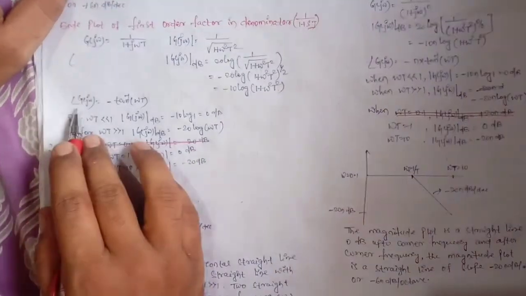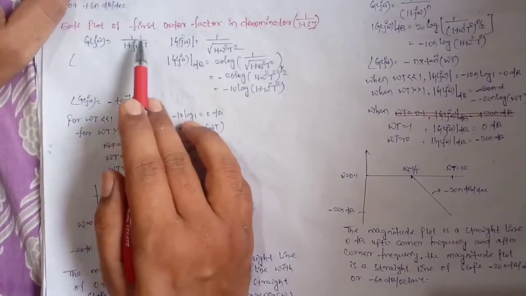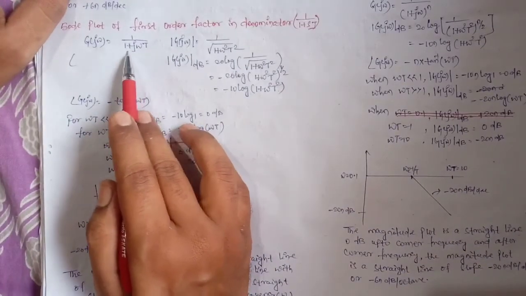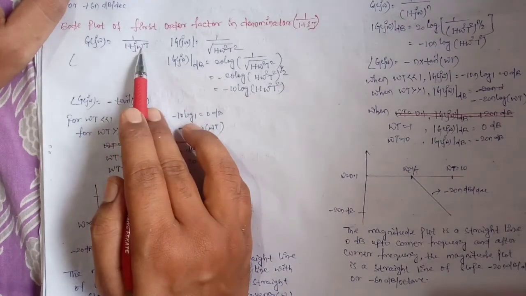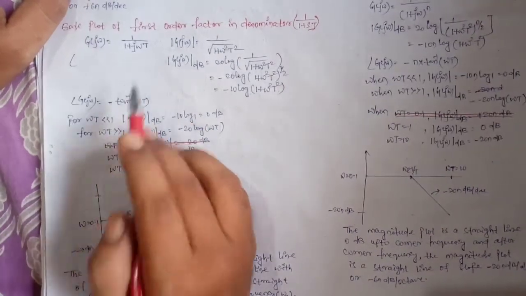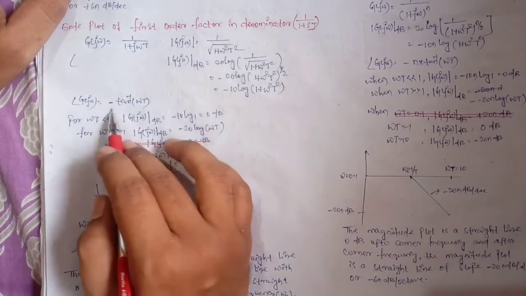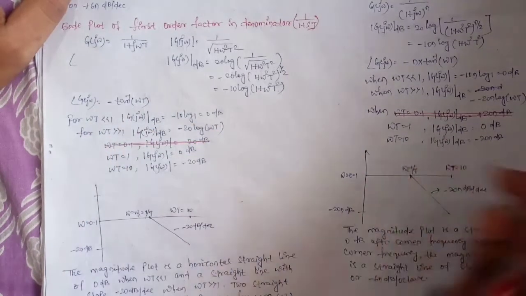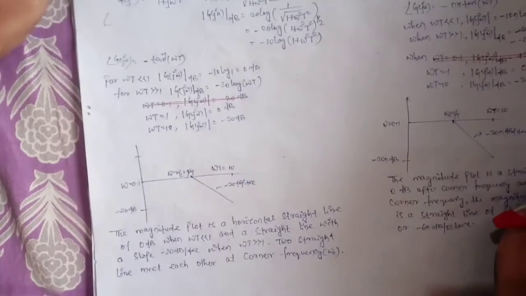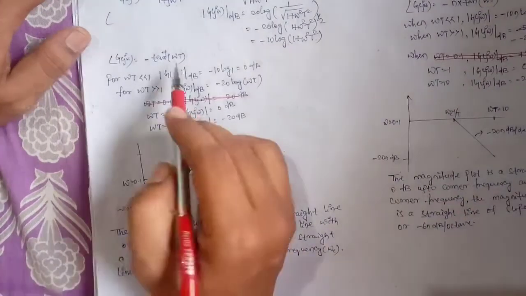Okay, what will be the phase? As I told, a plus jb form is in complex form and it is in the denominator, so a minus sign will come, tan inverse y by x, so my phase is minus tan inverse of omega t. Here we can see there is a term omega t.